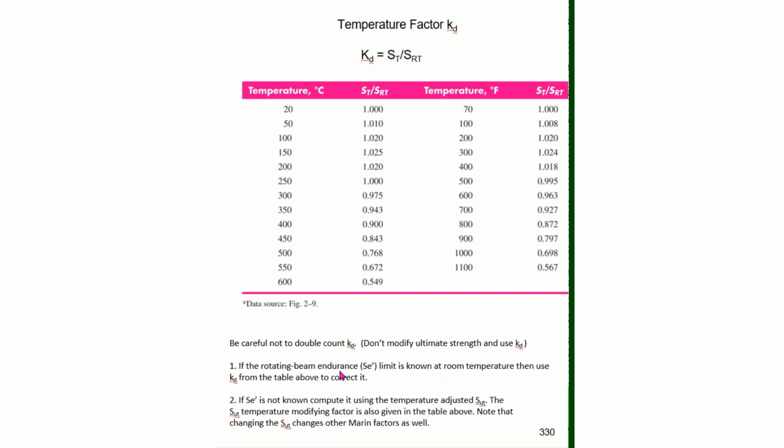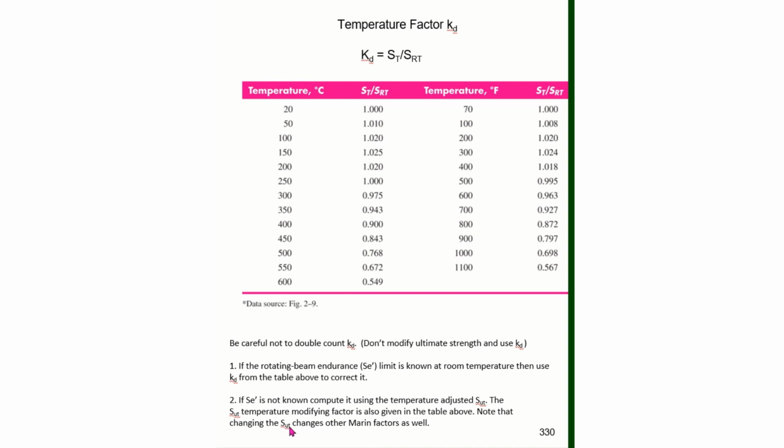If the rotating beam endurance limit, Se prime, is known at room temperature, then use Kd from the table above to correct it. If Se prime is not known, compute it using the temperature adjusted Sut. The Sut temperature modifying factor is also given in the table above.